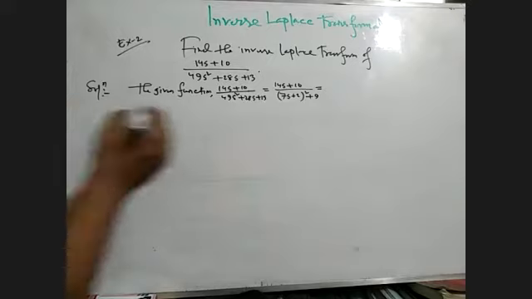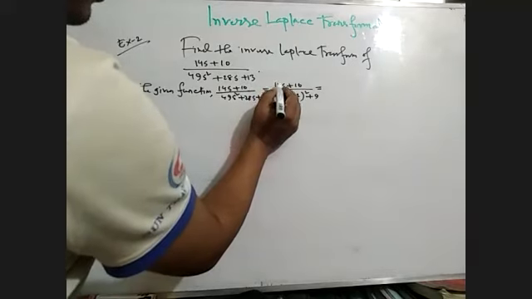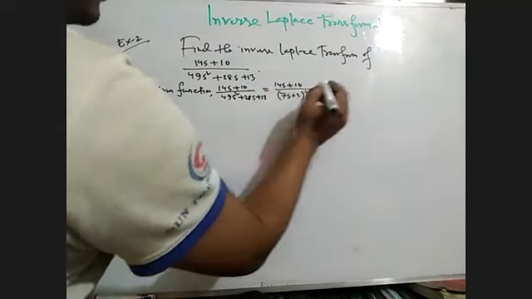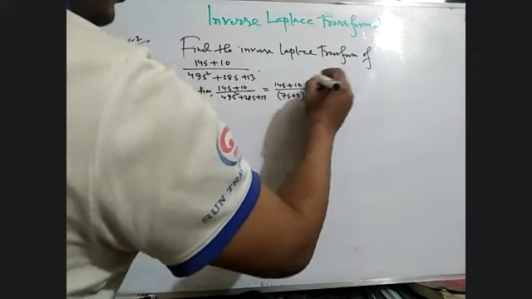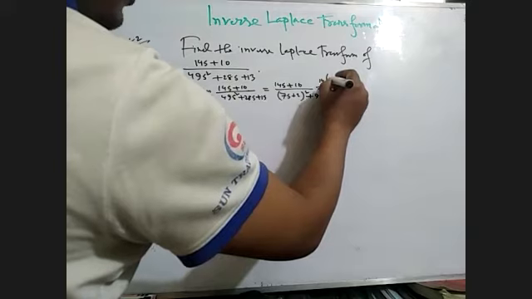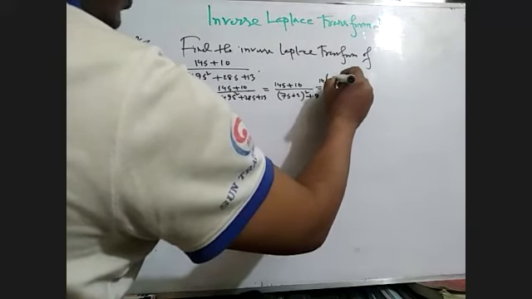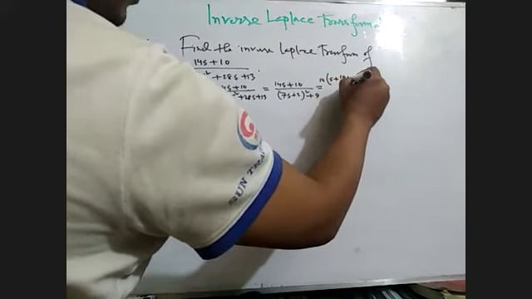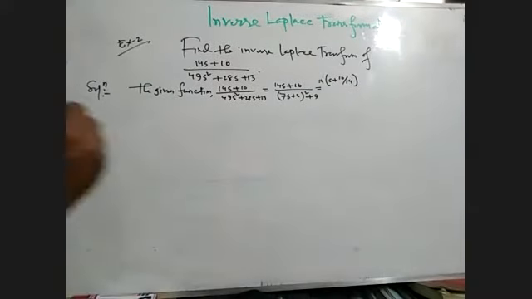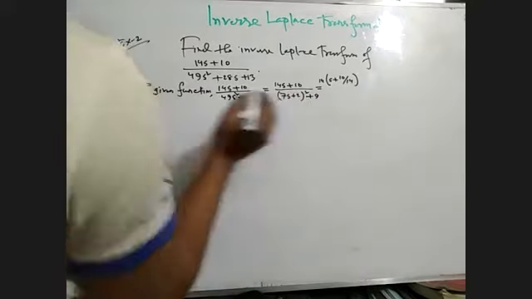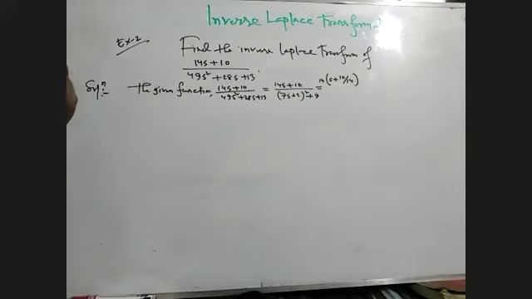So this can be written as 14s, because we have to take 14 common from the parameter coefficient. We have to make it coefficient free, the parameter will be coefficient free. So s plus 10 by 14 after taking 14 common, but we have to make the parameter the same.